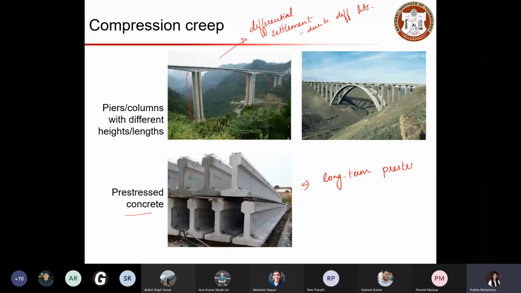The purpose of applying stress is to increase the capacity of your member compared to your conventional reinforced concrete system. That is why we go with pre-stressed concrete systems to achieve higher capacity with thin elements compared to your conventional reinforced concrete system.